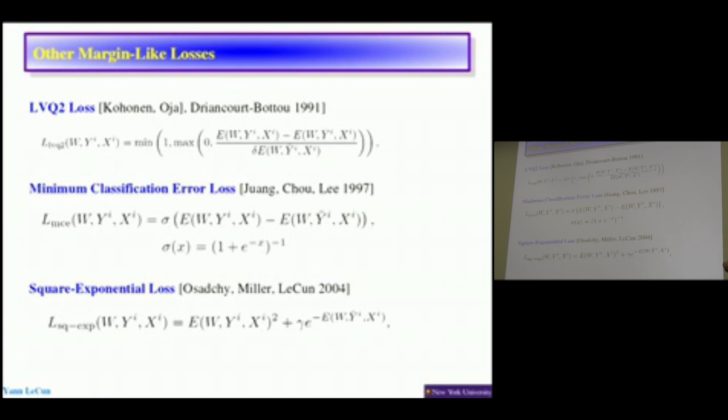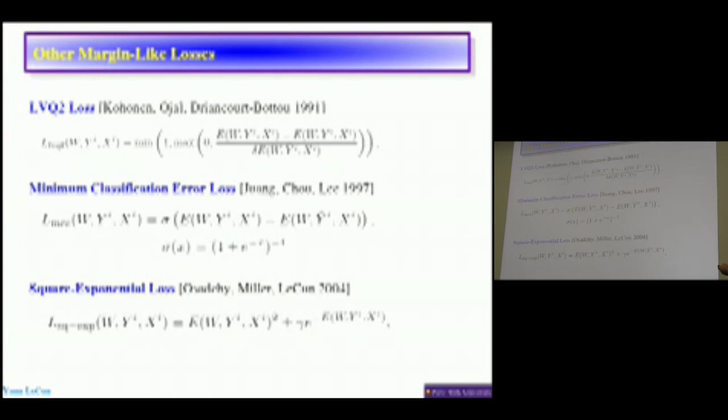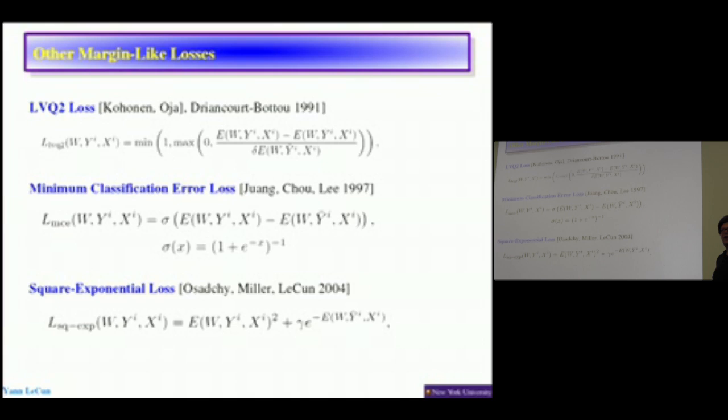When this difference is very large, which means that this one is much larger than that one and you really get the wrong answer, you just pay a price of 1 in your loss function. If this one is much lower than that one, then you pay a price of 0. And when the difference is small, you pay somewhere in between 1 and 0.